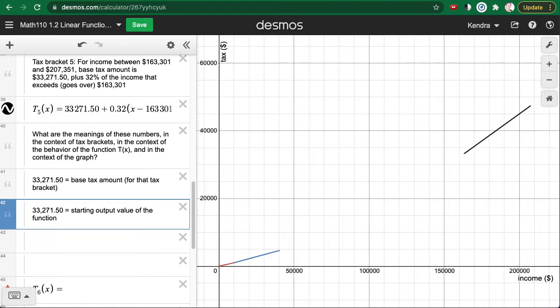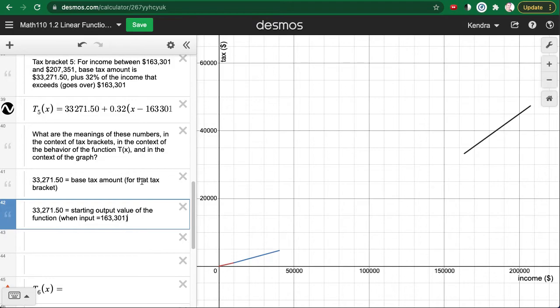And what I mean by starting output value is, where am I, quote unquote, starting in this instance? The place where I'm starting in this instance is when the input equals 163,301. Okay, so I kind of want to encode that number, 163,301.